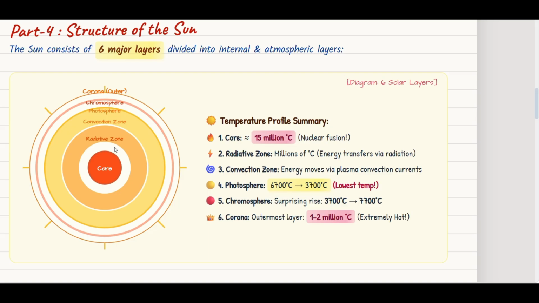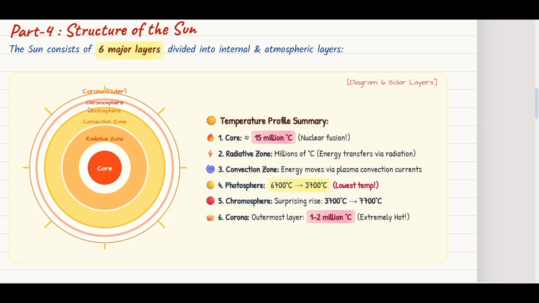The second zone is the radiative zone, at millions of degrees Celsius, where energy is transferred via radiation. Next, the third layer from the center is the convection zone, where energy moves via plasma convection currents. Next, the photosphere, 6,700 to 3,700 degrees Celsius, the lowest temperature.